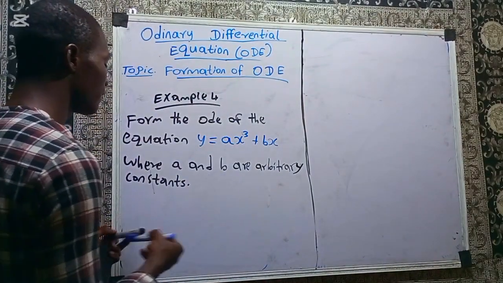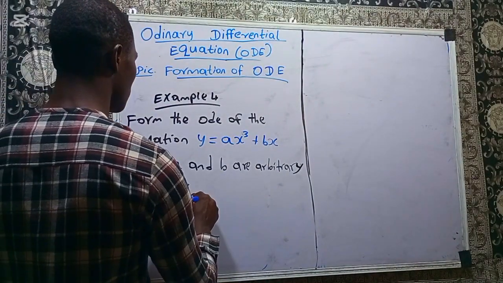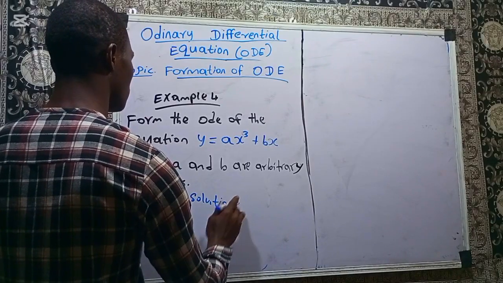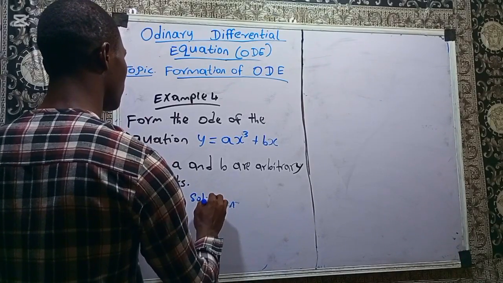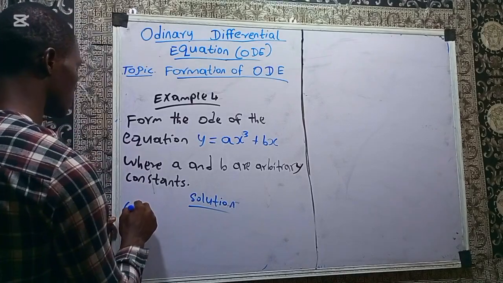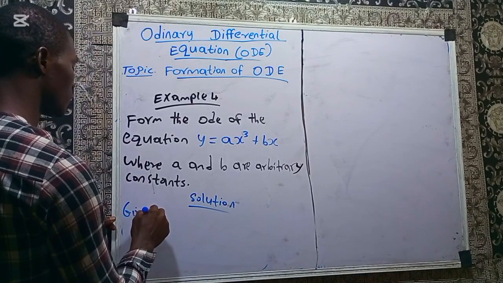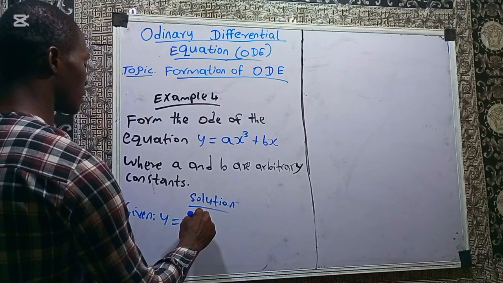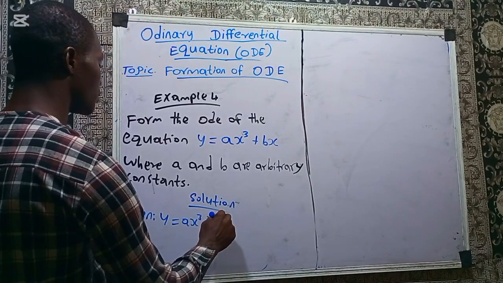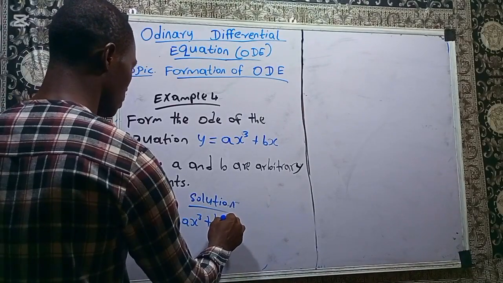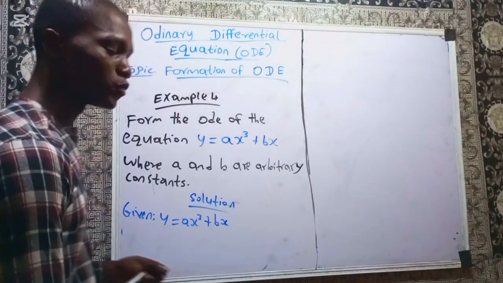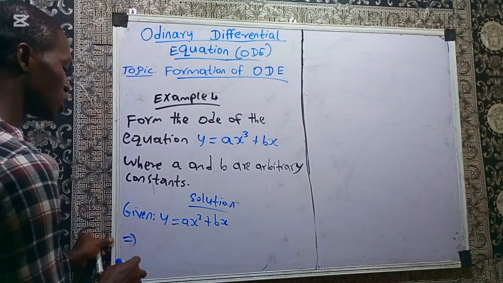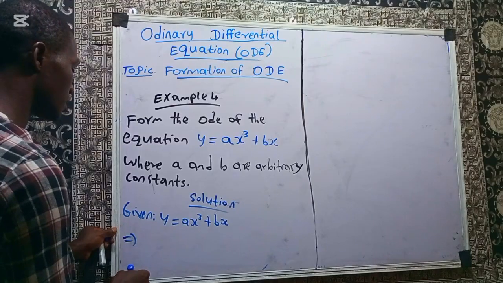So let's perform the differentiation. Solution: given the equation y equals ax raised to power 3 plus bx.